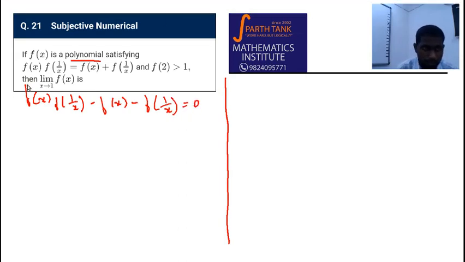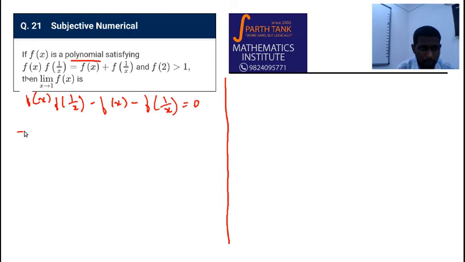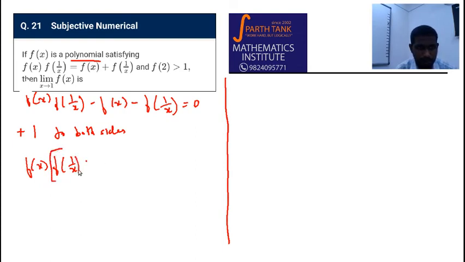Let us just add 1 to both sides. So what happens? f of x into f of 1 by x, if I take f of x common from both, I get minus 1 already here, and then I am adding plus 1 to both sides.